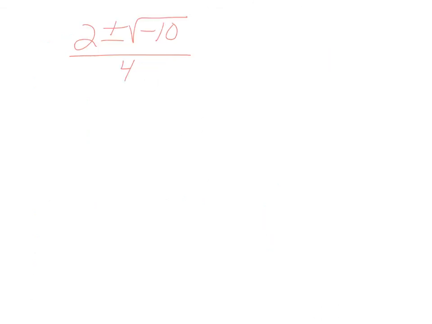So on this side, let's say this was my final answer after I used the quadratic formula. I got down to this point and I see that there was a negative. So this is just another example. After you've done all the quadratic formula, you got down to this point, and I see I have a negative 10.